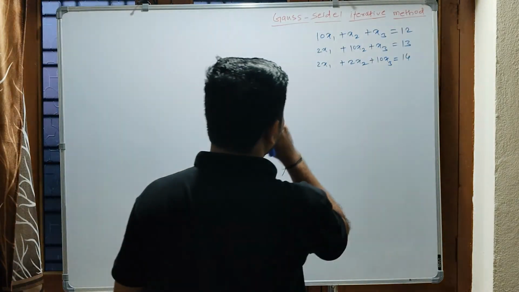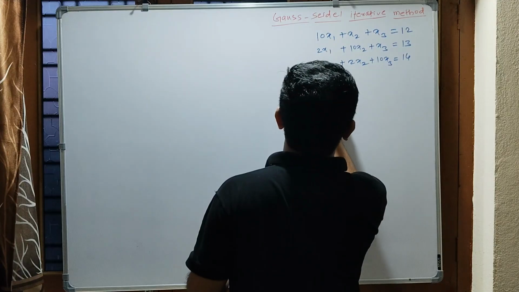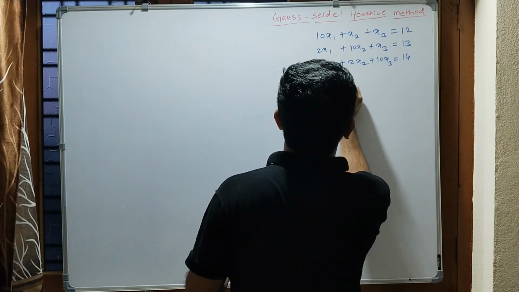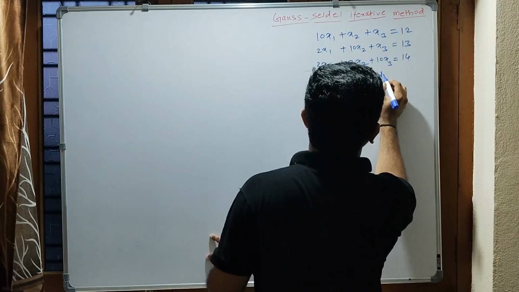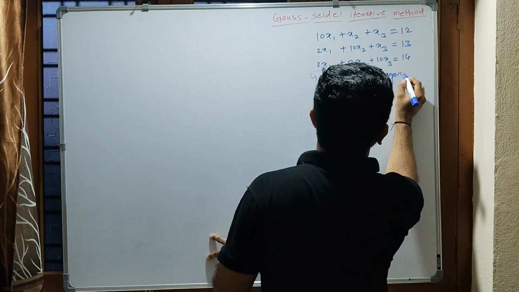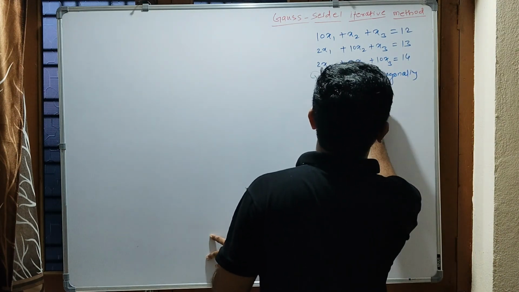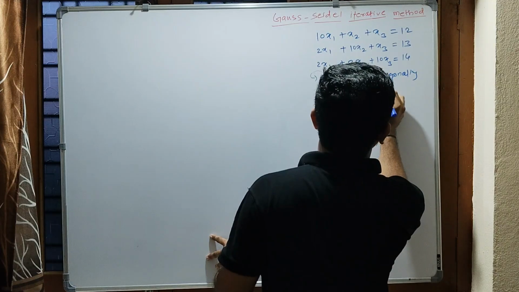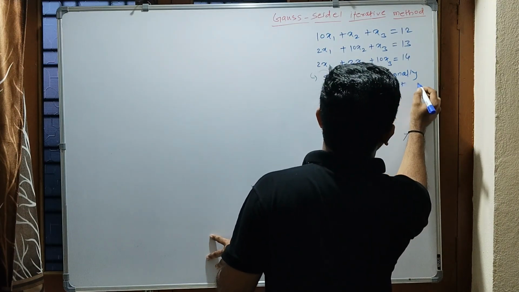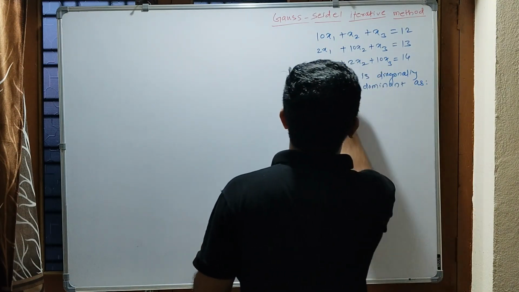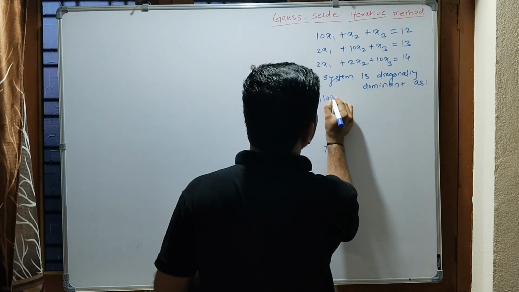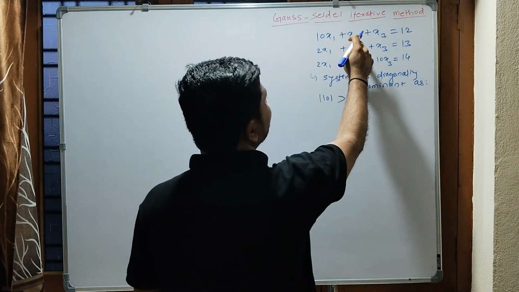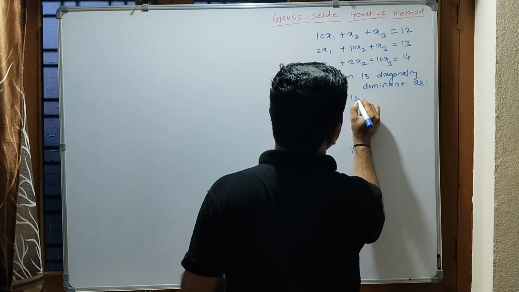The system is diagonally dominant as the absolute value of a11, that is mod of 10, is strictly greater than a12 plus a13.